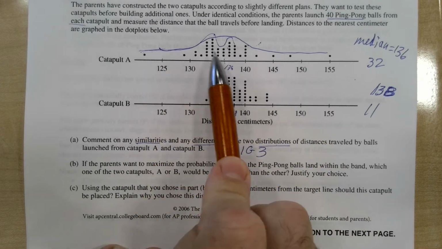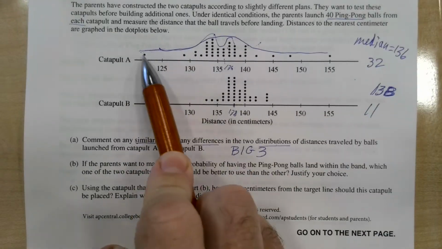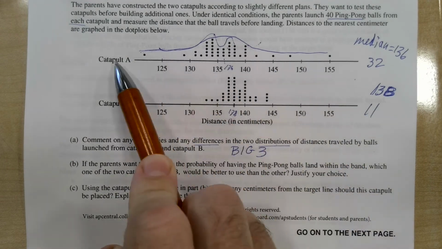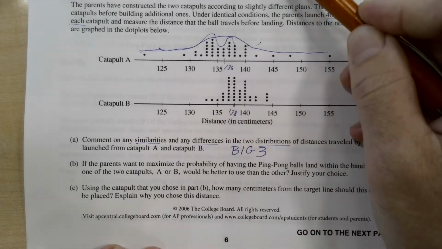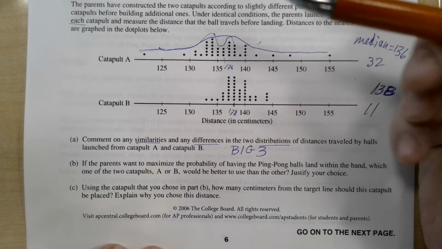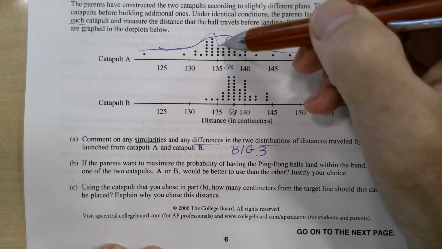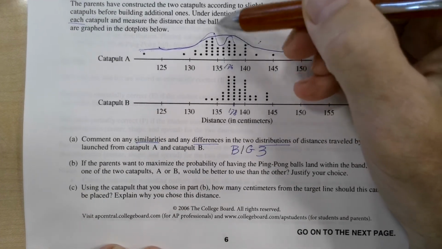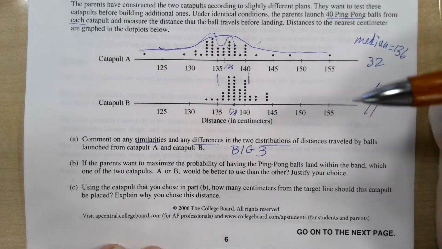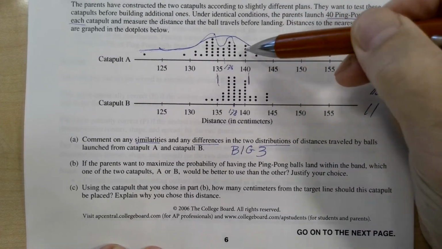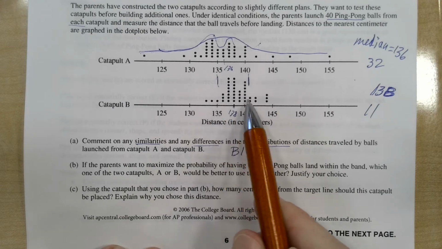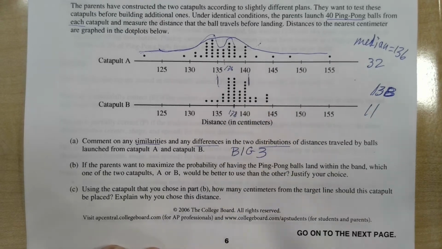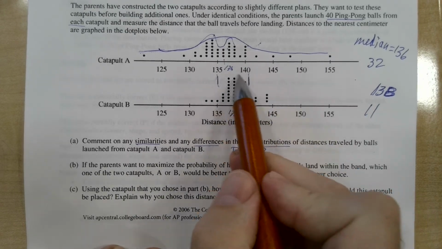They're saying this one is so erratic because of the variability and the range that it's not going to hit this small zone. 5 centimeters is pretty small, right? You're talking about a small little zone from 135 to 140. I don't know what the real range is, but it's only a 5 centimeter range.